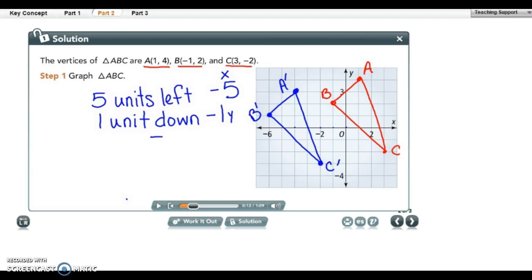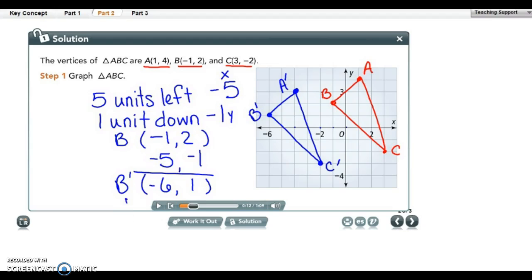B, we started out at -1, 2. And then we're going to go down 5 for our X and down 1 for our Y. So we're going to combine those numbers. We're going to have -6, +1, and that's going to give me B prime. So as we're looking at that, we could go ahead and check and make sure that it is B prime, and in fact, yes it is.